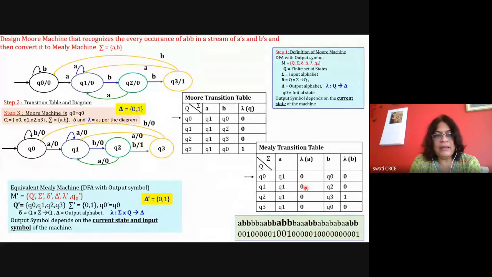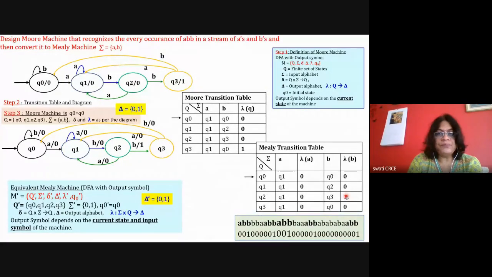Q1 with A output 0, Q2 with A output 0, Q3 with A output 0. Here Q2 with B output is 1. So this is Q2 state, with B output is 1. Like this you need to draw the tables.